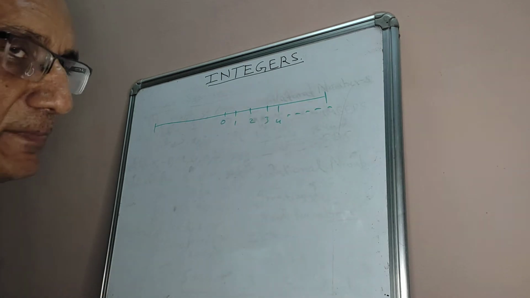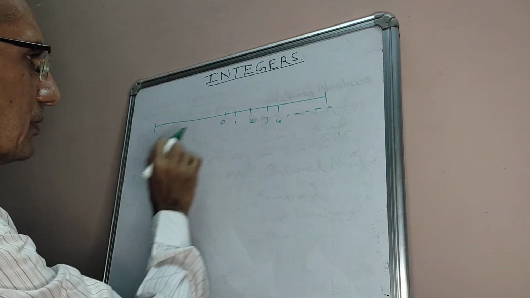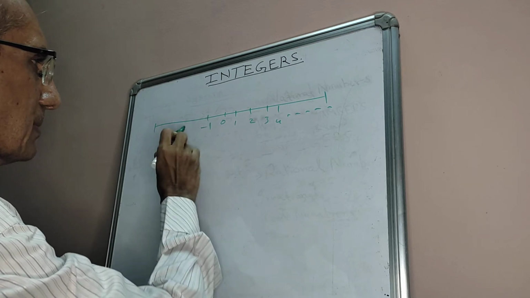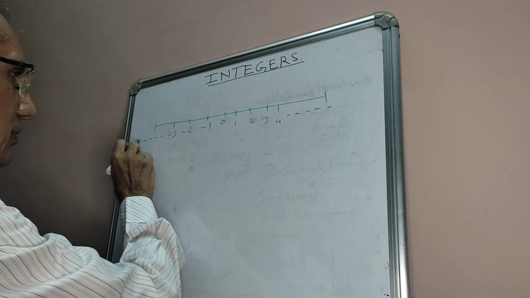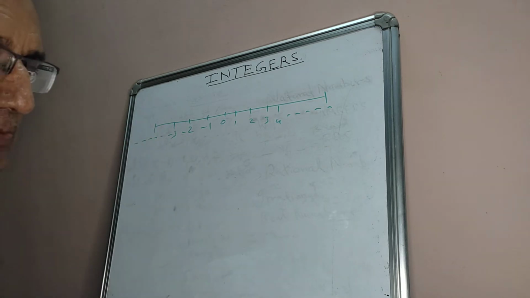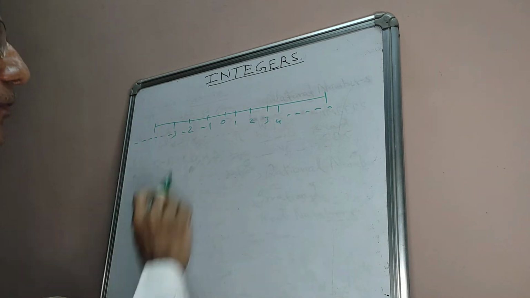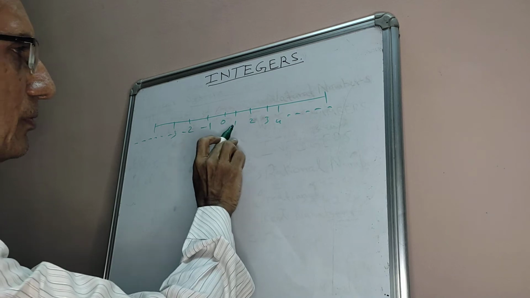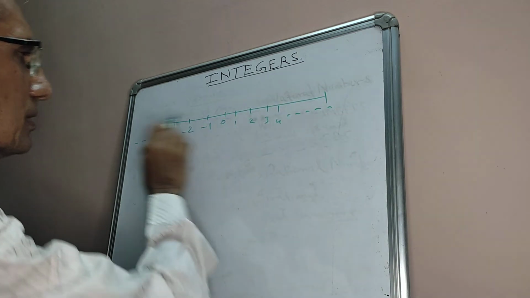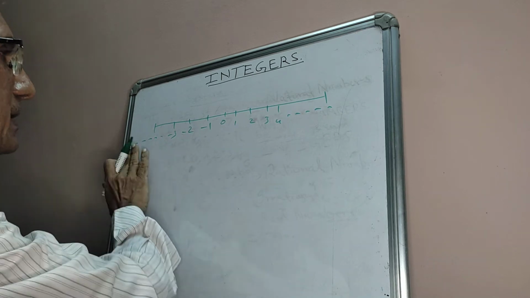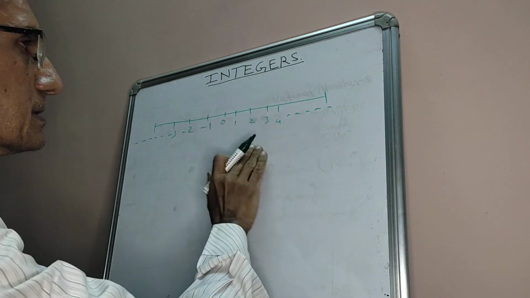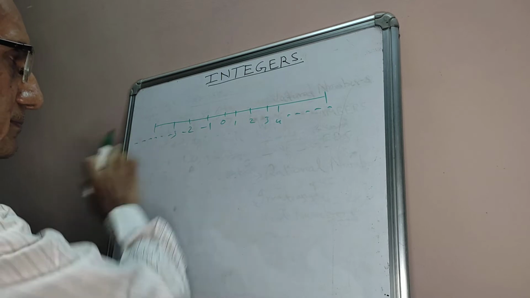To the left of 0 you have the negative numbers, -1, -2, -3, and so on to minus infinity. So it starts only from 0, either this side or this side. This is called the representation of integers on a number line.